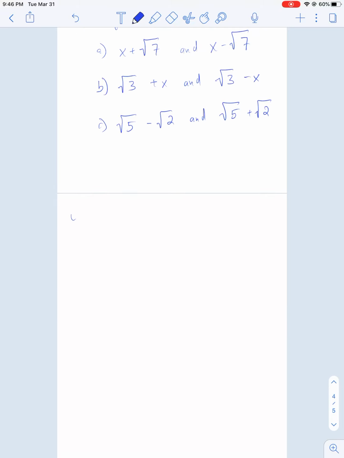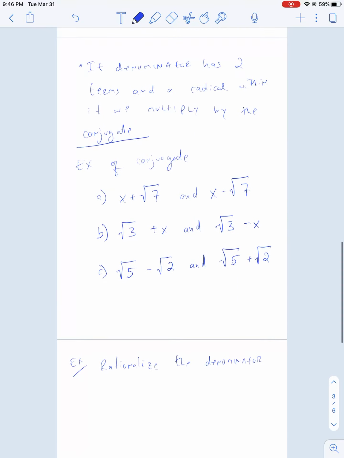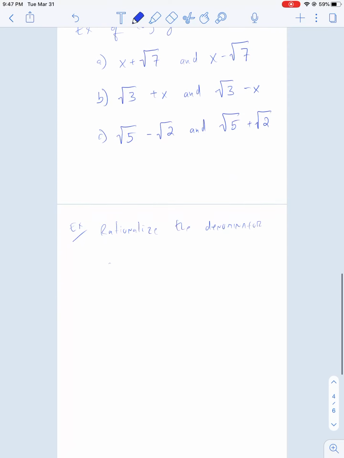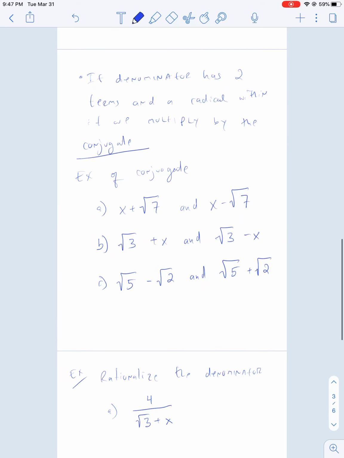Okay, so let's take a look at an example. We want to rationalize the denominator. All right, how about example A, 4 over the square root of 3 plus x. All right, once again, this is what we're doing.